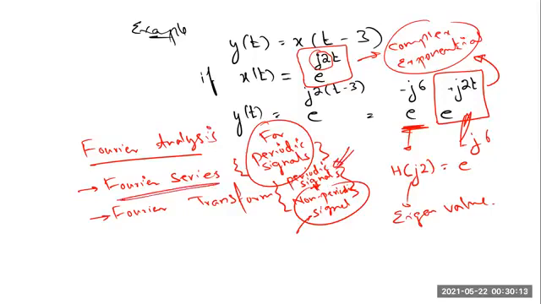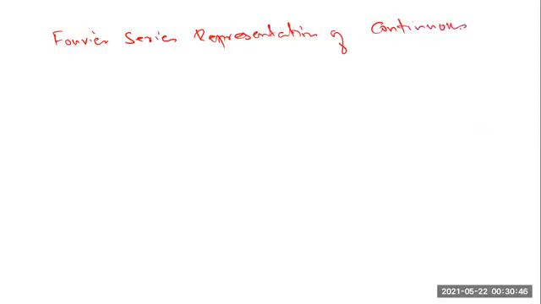So in this chapter, our focus is on Fourier series. And as I mentioned, we will first consider periodic signals in continuous time. So first of all, we will talk about Fourier series representation of continuous time signals. So we want to look at Fourier series representation of continuous time periodic signals.